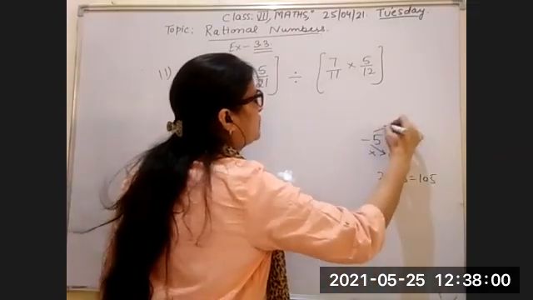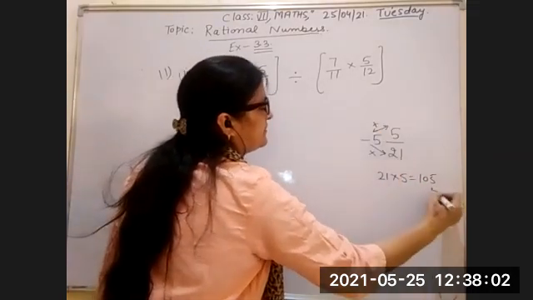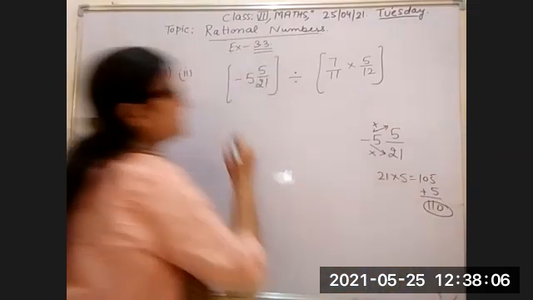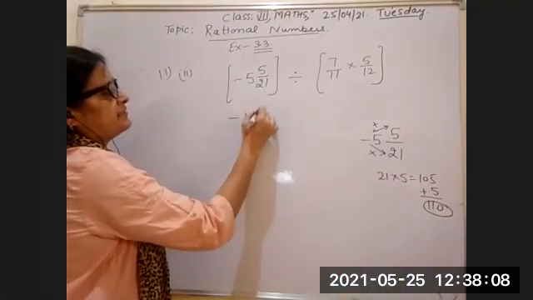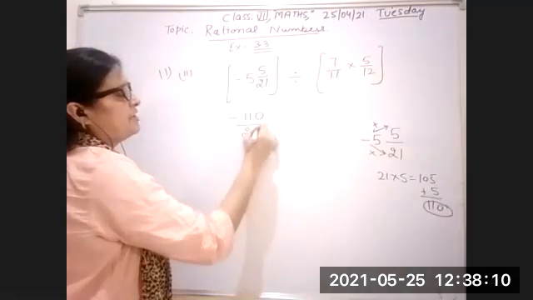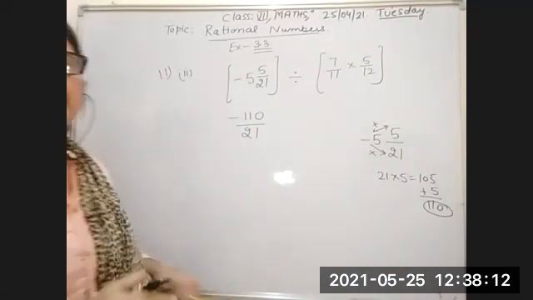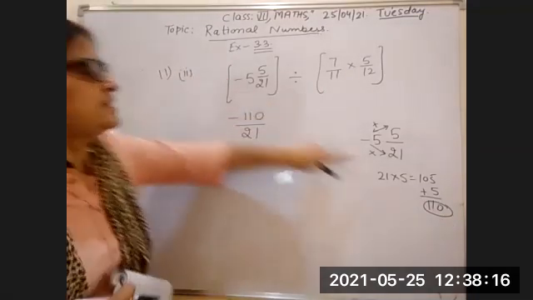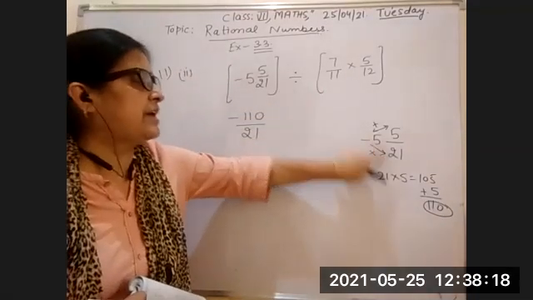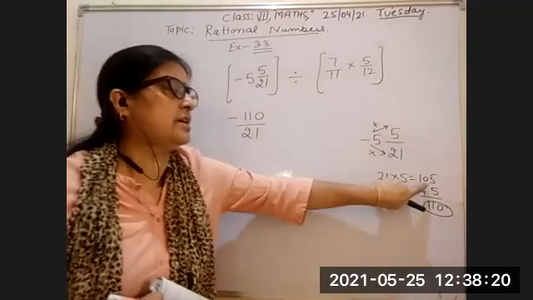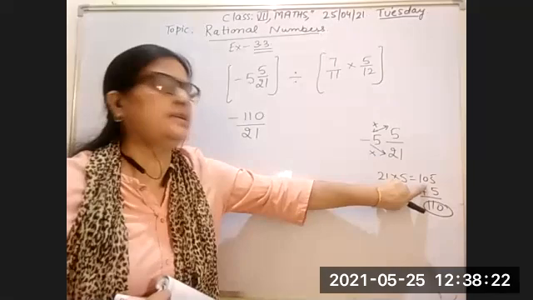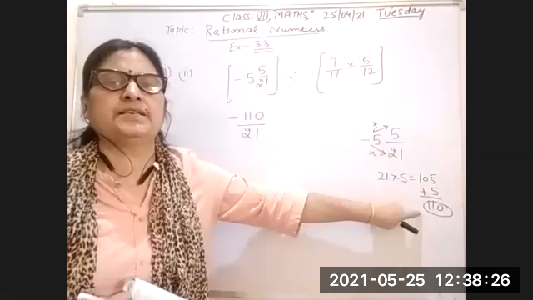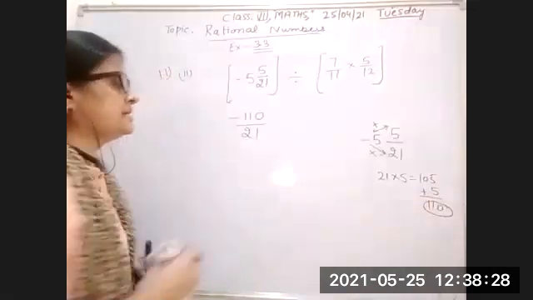Then you have to add 5 also here, and you will get 110. So you write 110 upon 21. Again, I am telling you: 21 multiplied by 5 is 105, and then you add 5 here, 105 plus 5 is equal to 110.